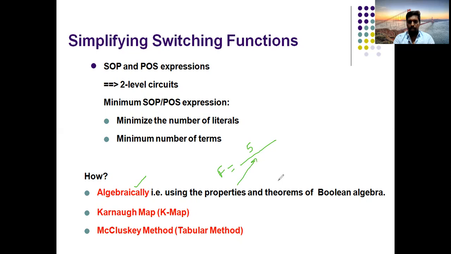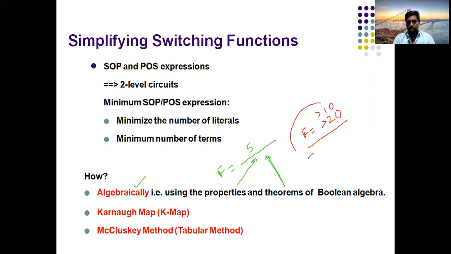But for example, if your expression f consists of 20 terms, or more than 10 terms, or more than 20 terms, then it is very difficult to apply theorems and properties, right?